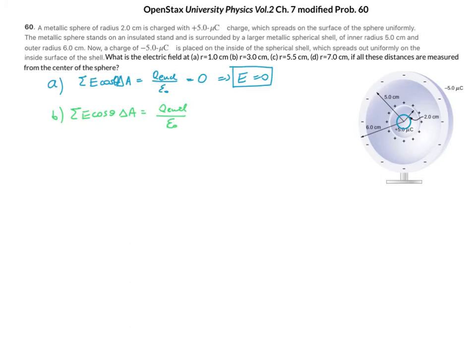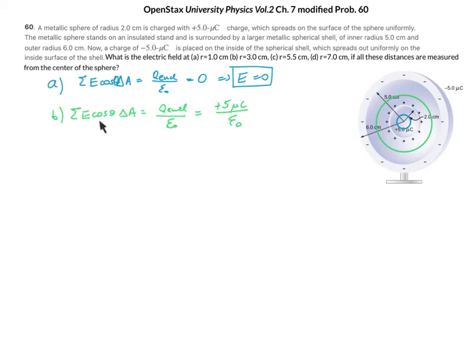So that is outside the sphere, somewhere here. And now when we're looking at the charge enclosed, the charge enclosed in my Gaussian surface is the plus 5 microcoulombs. So I'll write that as plus 5 microcoulombs divided by epsilon naught.